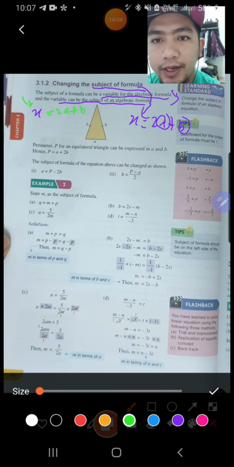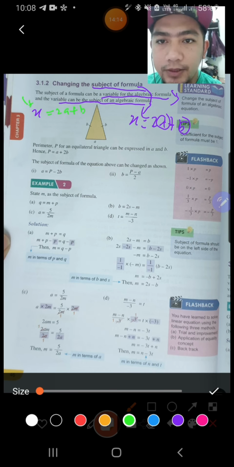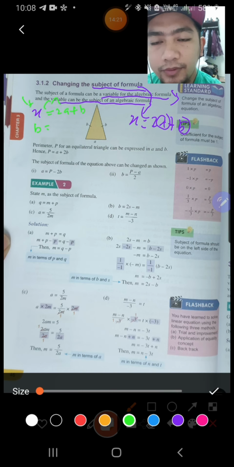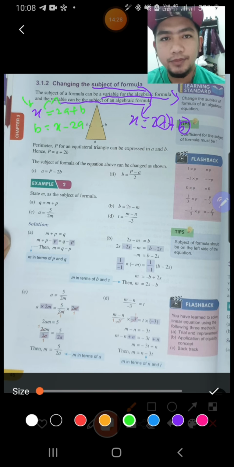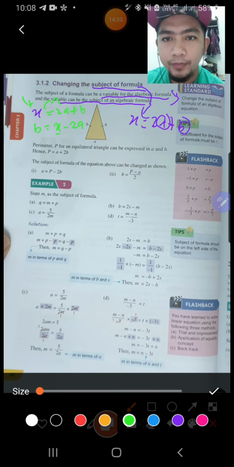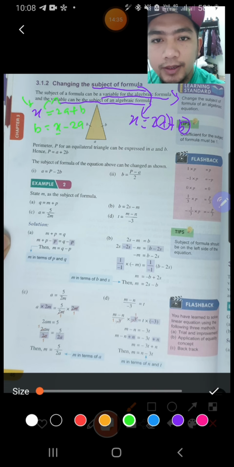So now a and b also can be the subject of formula. Let's say b. So b is equal to, we bring 2a to the left, so it will become x minus 2a. So now b becomes the subject of the formula and x becomes the variable. Also a can be the subject of formula.